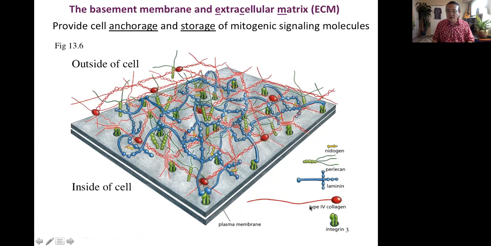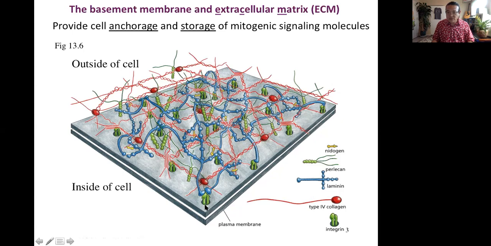In red here are collagen, in blue are laminin. This is why we think of the basement membrane almost like a true membrane, and why it looks like a cloth in the previous slide, the electron microscope image. Really, it's just a pretty dense meshwork of these protein fibers.